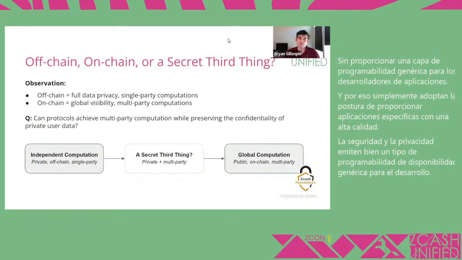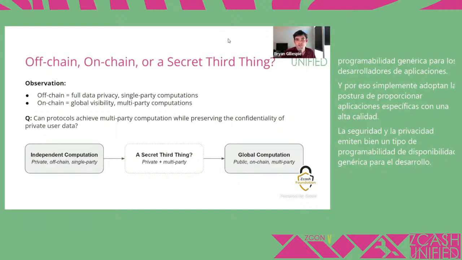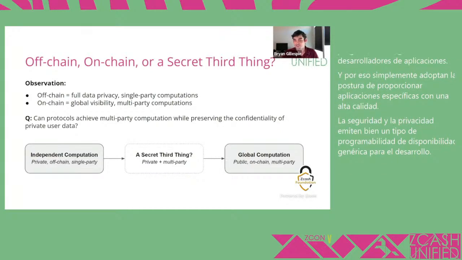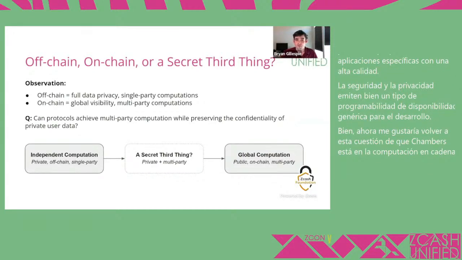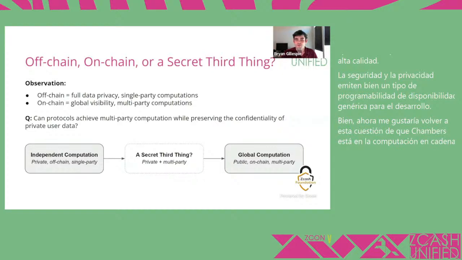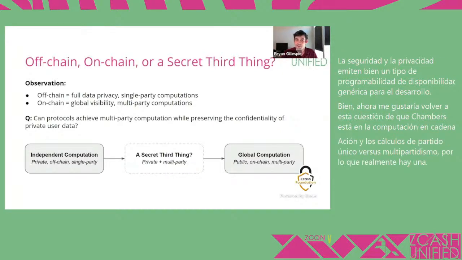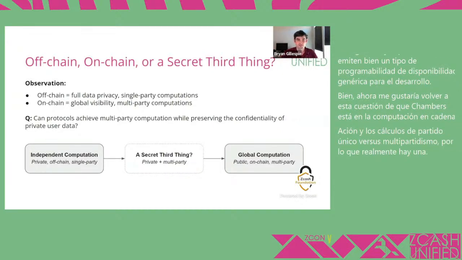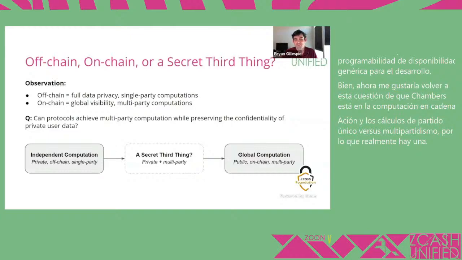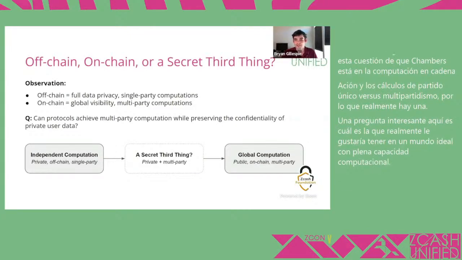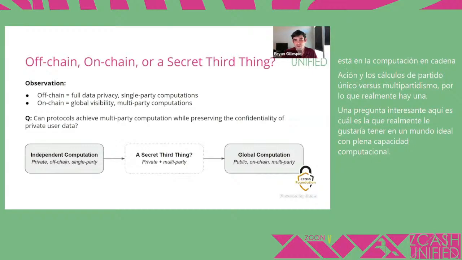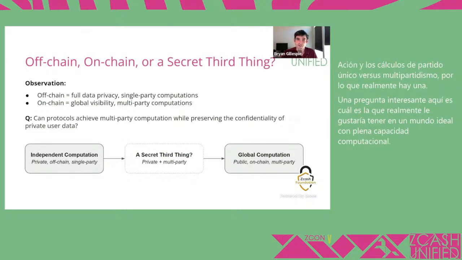Okay, so now we'd like to return to this question of off-chain versus on-chain computation and single-party versus multi-party computations. There's a really interesting question here, which is, you would really like, in an ideal world, to have full computational ability over private inputs from multiple parties in a way that doesn't reveal the private inputs or the intermediate computations.